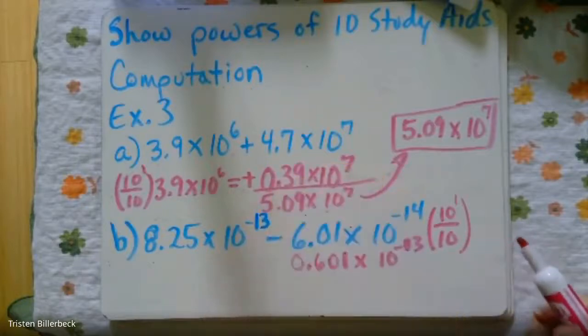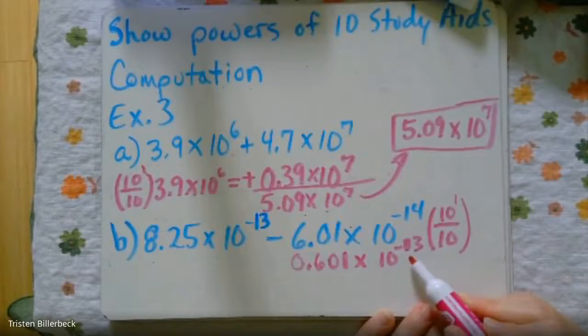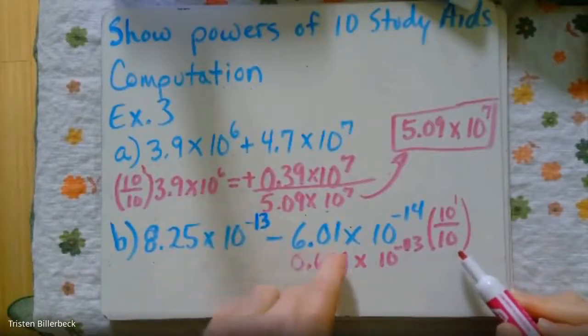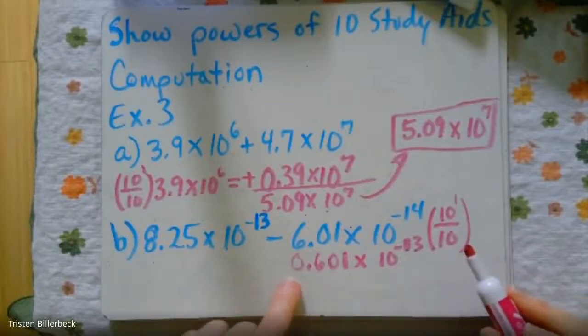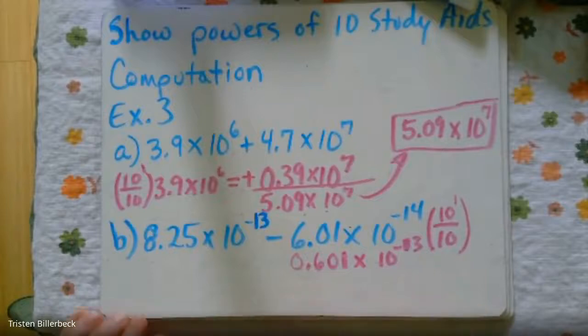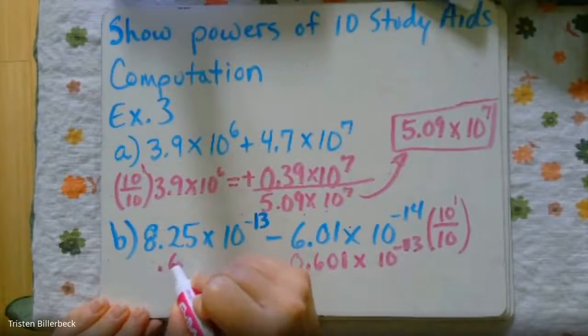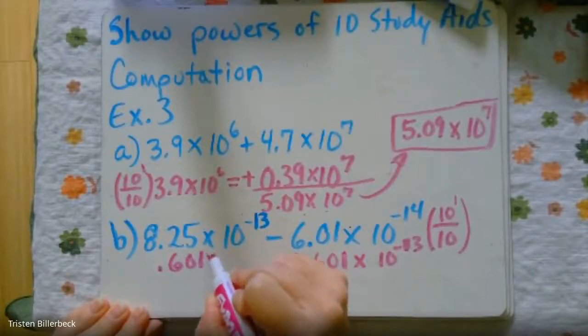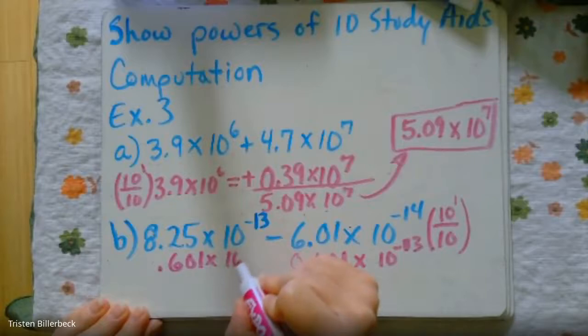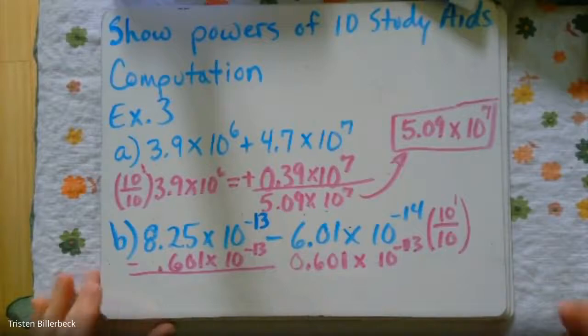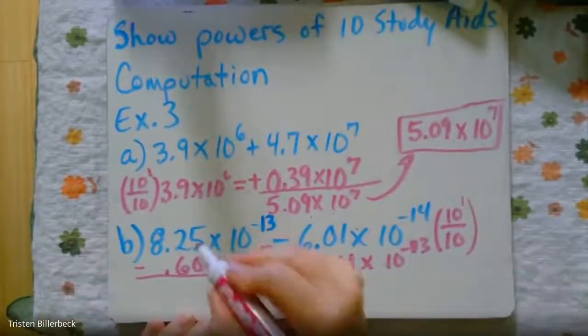Okay, because negative 14 plus 1 is negative 13, and I'm dividing 6.01 by 10, which just moves the decimal one spot. Once I have it like this, I can subtract. So I put it over here, 601 times 10 to the negative 13. So now it's the same magnitude and we can subtract.